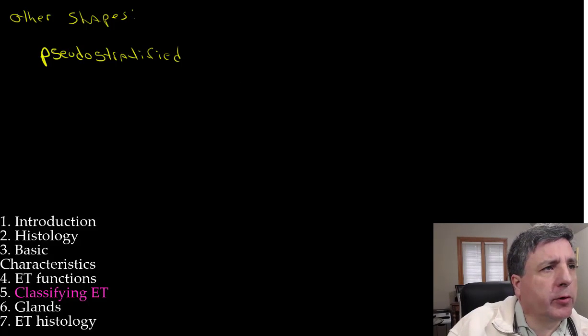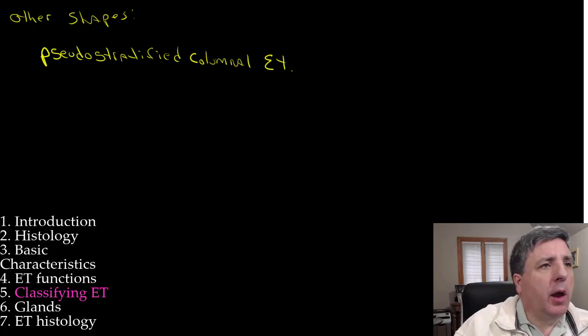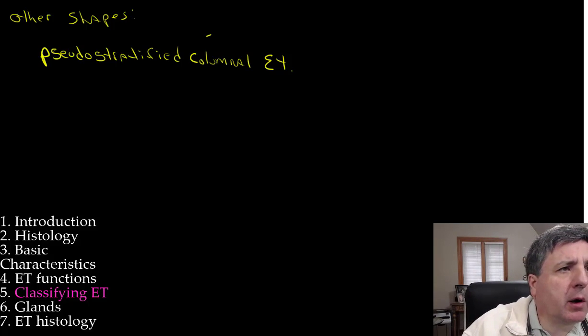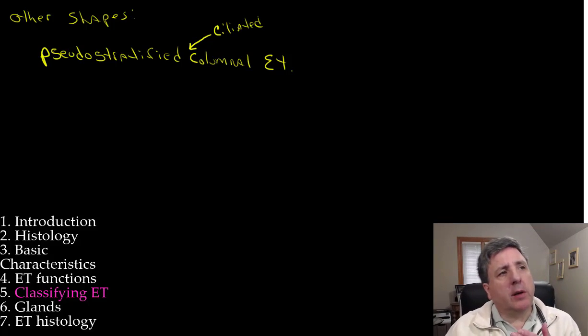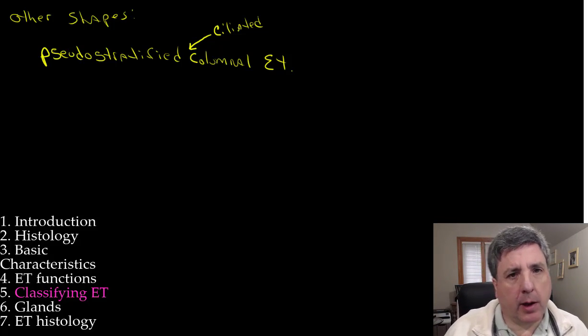Okay, pseudostratified columnar epithelial tissue, okay? And most pseudostratified columnar is ciliated. So that would be pseudostratified ciliated columnar epithelium.